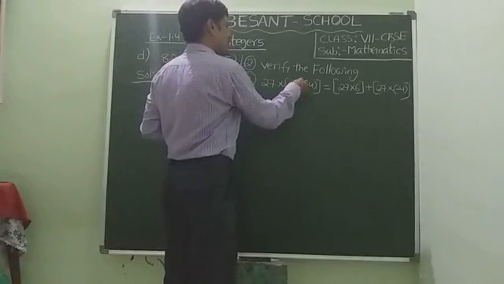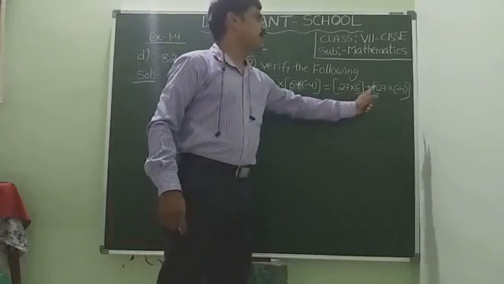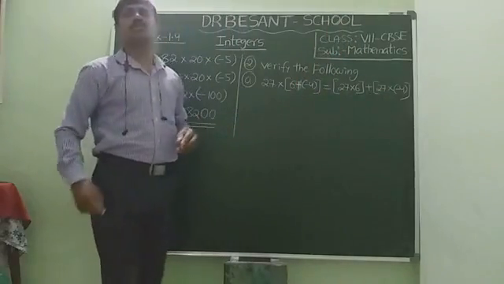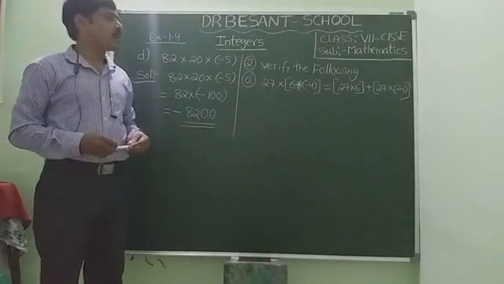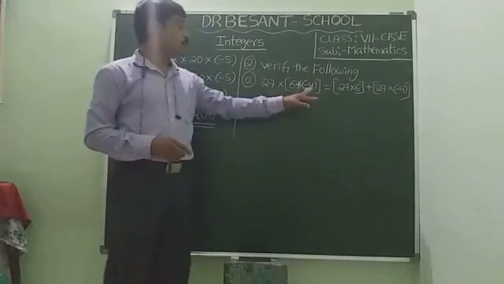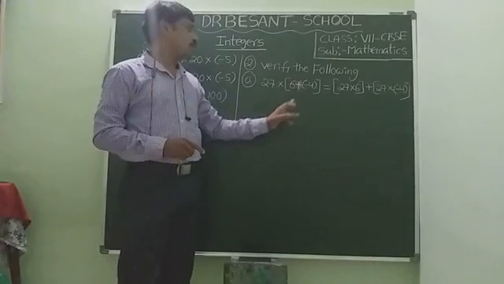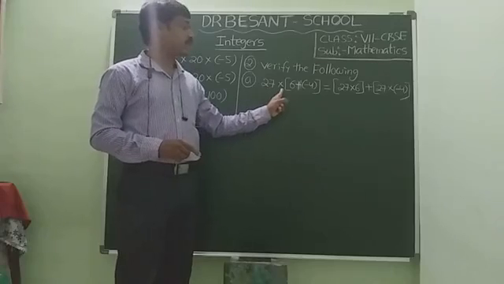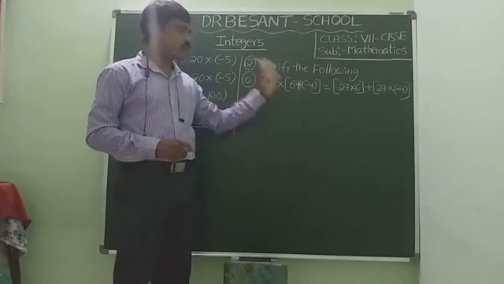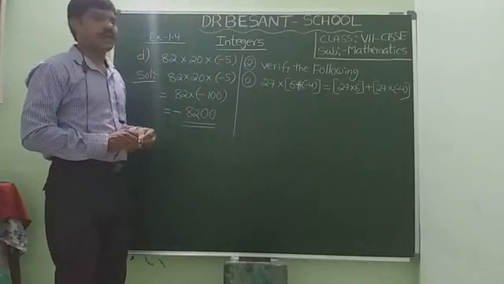Now observe here: A into B plus C is equal to A into B plus A into C. So this is the distributive property, not associative. Distributive property of multiplication over addition. So which property is it? Distributive property of multiplication over addition.